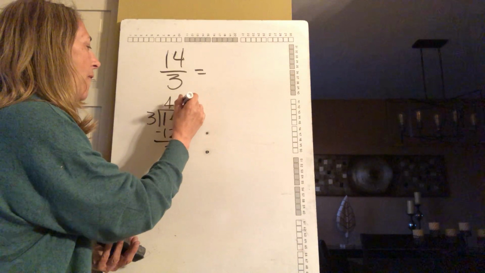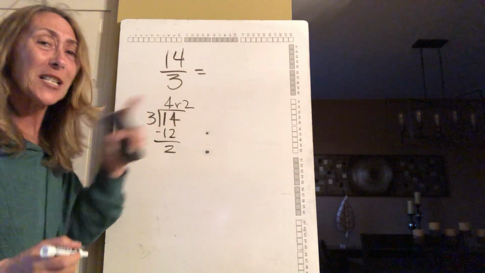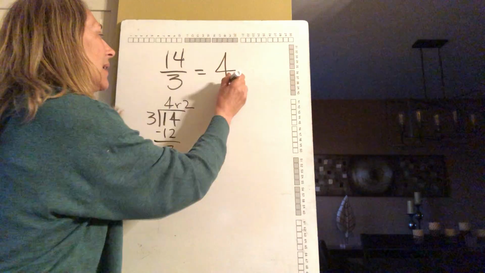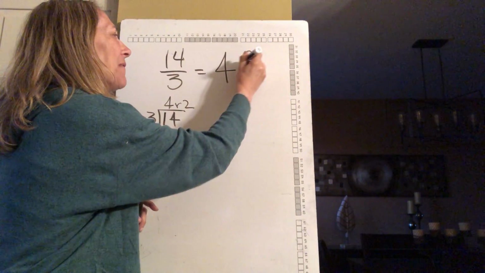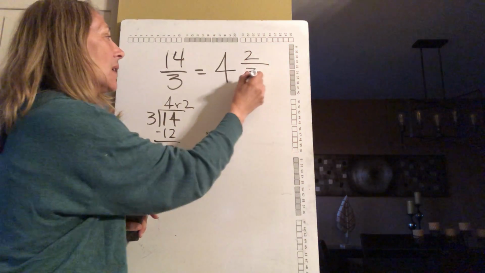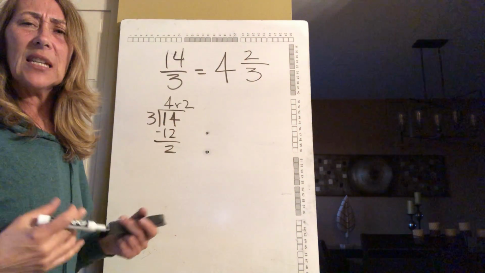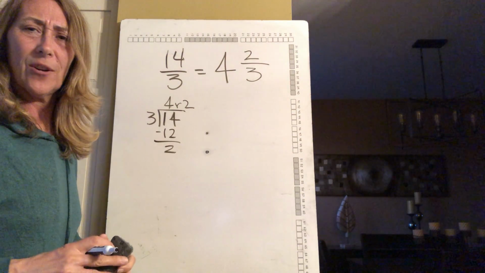Subtract, 2. 4, remainder 2. So 3 goes into 14 4 times, and my remainder is 2. I have 2 pieces left. Those pieces are thirds. 14/3 is equivalent or equal to 4 and 2/3.